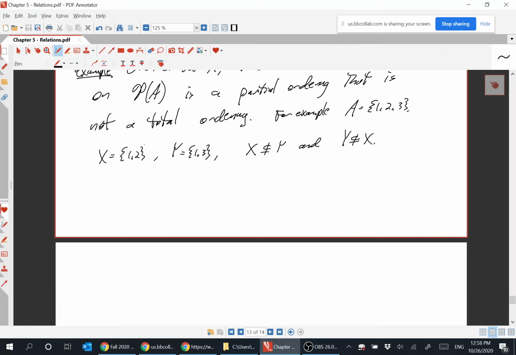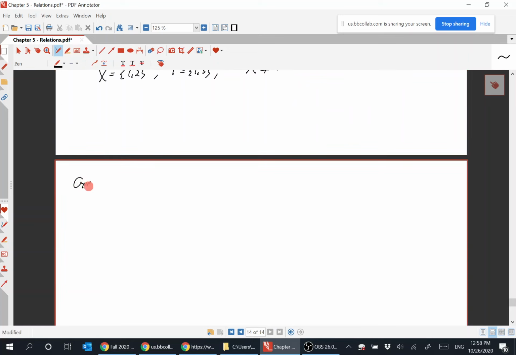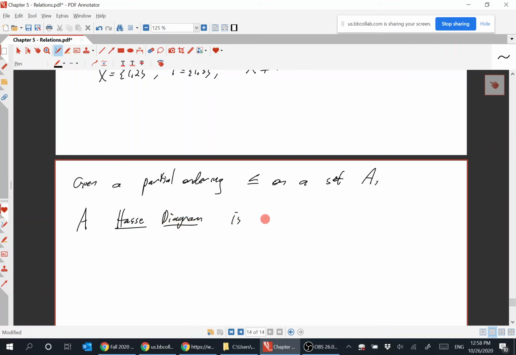Okay, so now given a partially ordered set, less than or equal to on a set A, the Hasse diagram is, well, one can think of it as a directed graph, or one can think of it as just a picture on a flat surface.